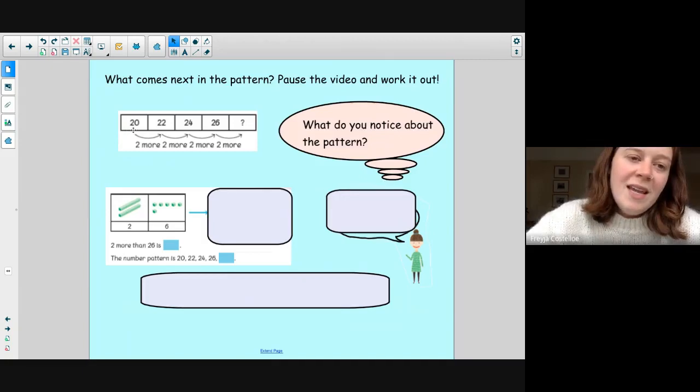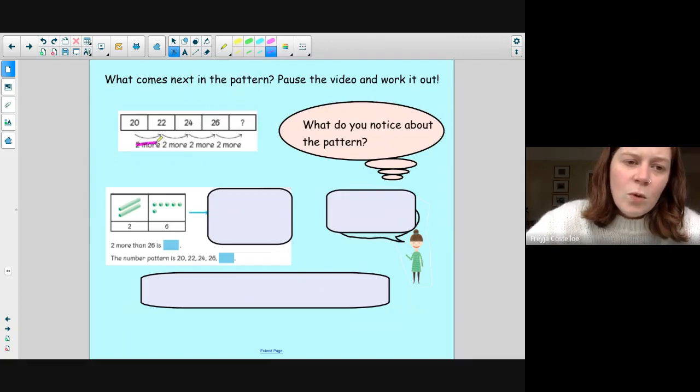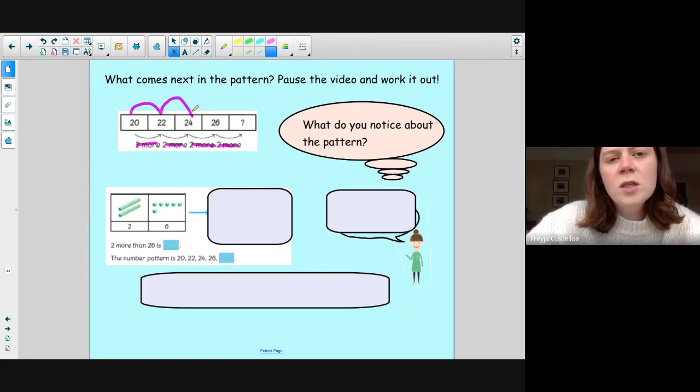We've got 20, 22, 24, 26. What's it saying down here? It's saying 2 more, 2 more, 2 more, 2 more. So the numbers here are getting bigger by how much?